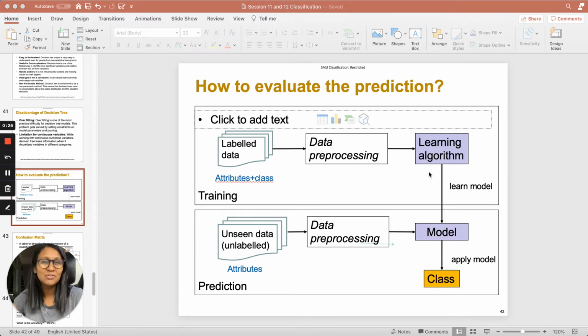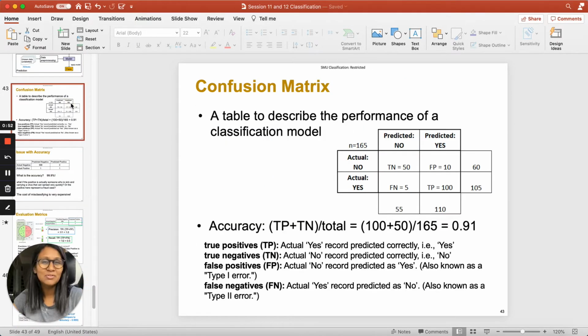The first is when you use the training data to develop your learning algorithm, and the other one is the prediction phase where you basically use the learnings from your algorithm to make a prediction of the class outcome on the data that is present in the test data set, and that is called the prediction phase of the learning algorithm. So I'm going to talk about the evaluation metrics that we use to evaluate the quality of the prediction.